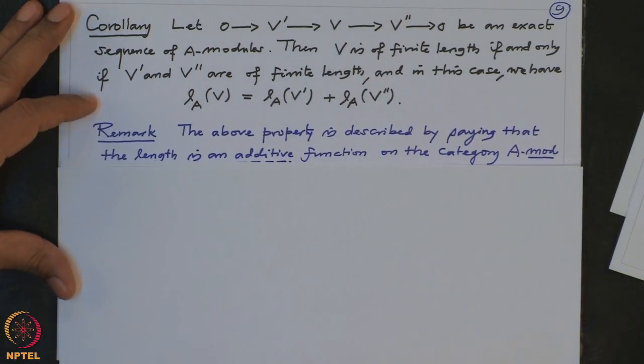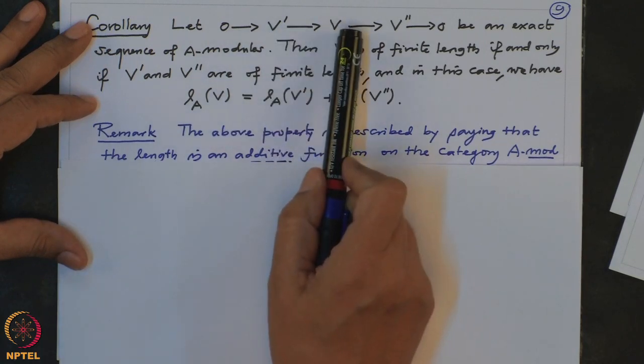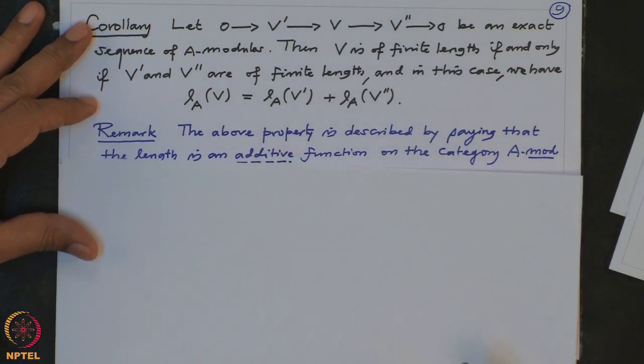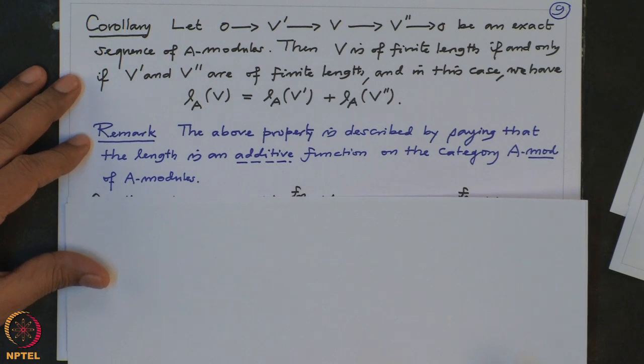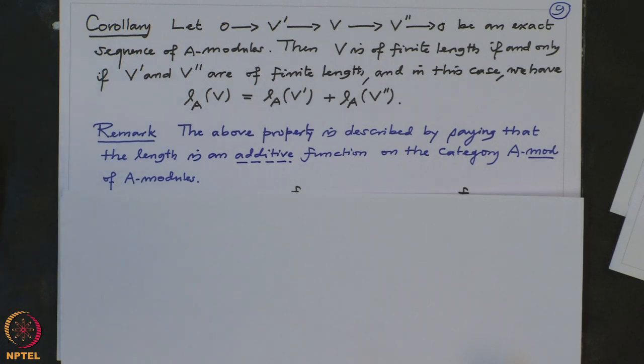This is because V' is a submodule of V and V'' is a quotient module of V, so the earlier proposition tells you the length is additive. This property can be described by saying that length is an additive function on the category of A-modules.